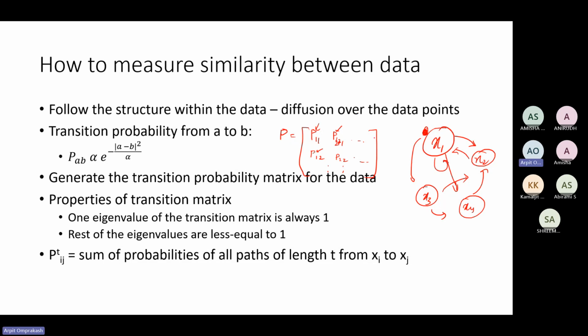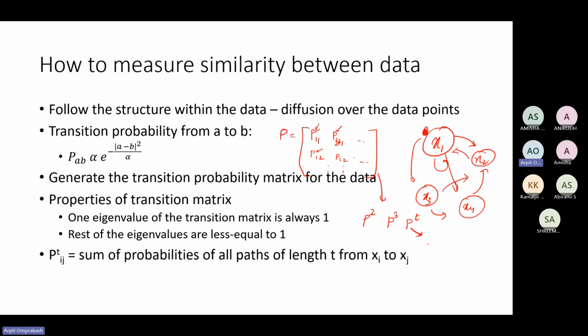And the other interesting property is that if you multiply this matrix by itself, let's say you find P square or P cube or P to the power t, the values that this will contain will basically be the sum of probabilities of all paths of length t between any two given data points.